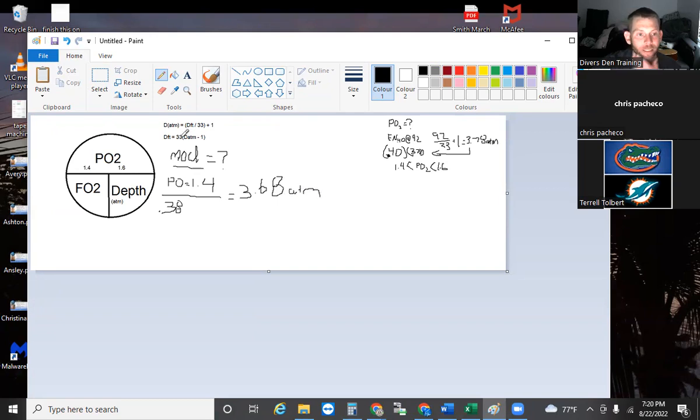I have to convert that to depth in feet. So depth in feet equals 33 times 3.68 minus 1.